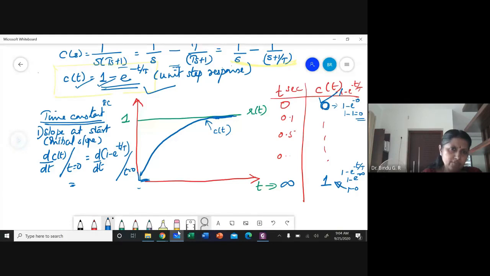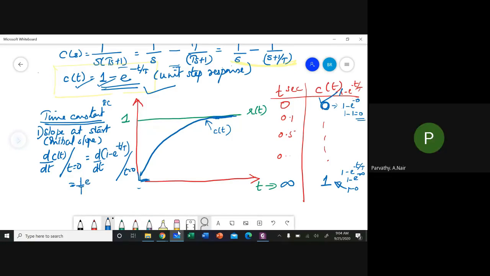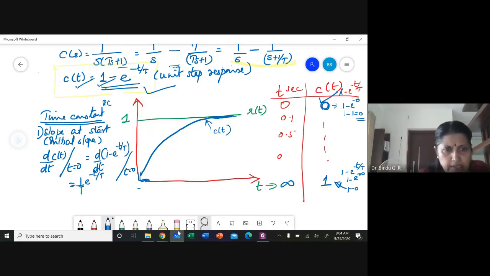D by dt of 1 is 0. D by dt of e raised to minus t by T gives minus 1 by T e raised to minus t by T, isn't it? Now at t is equal to 0, it will become 1 by T. You get a slope of 1 by T. So the initial slope is 1 by T.